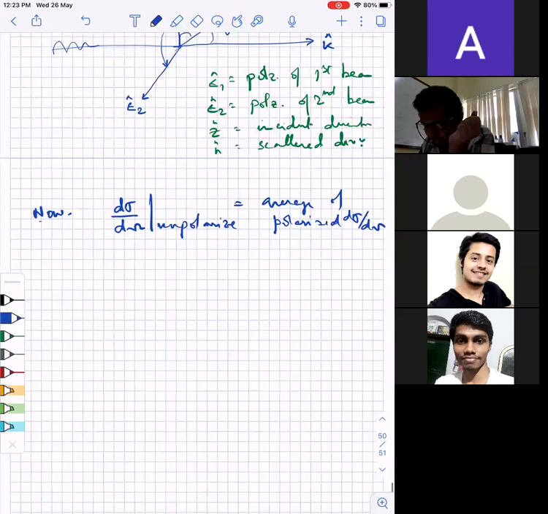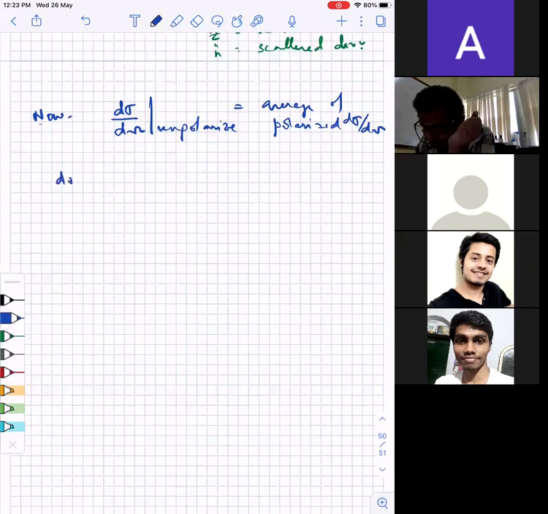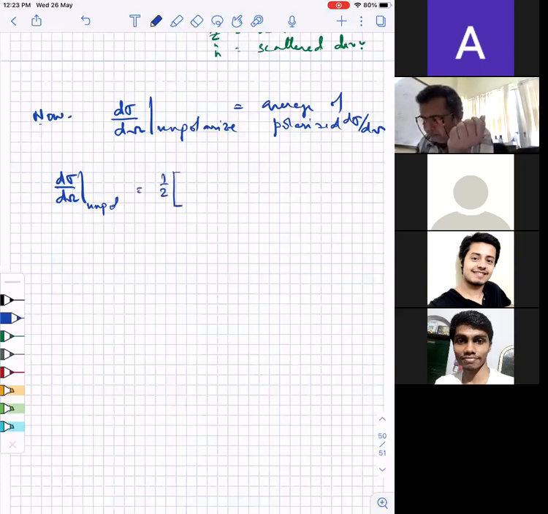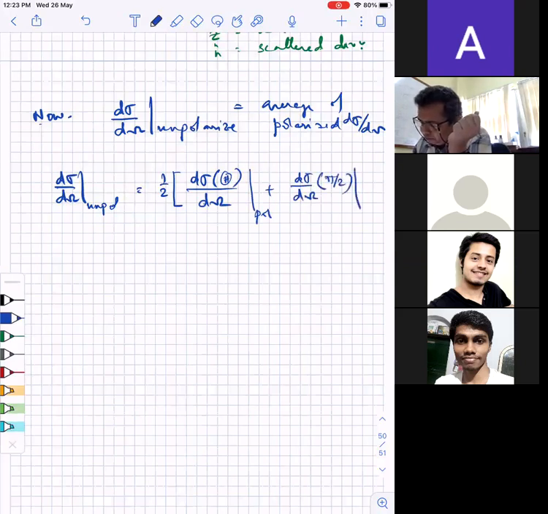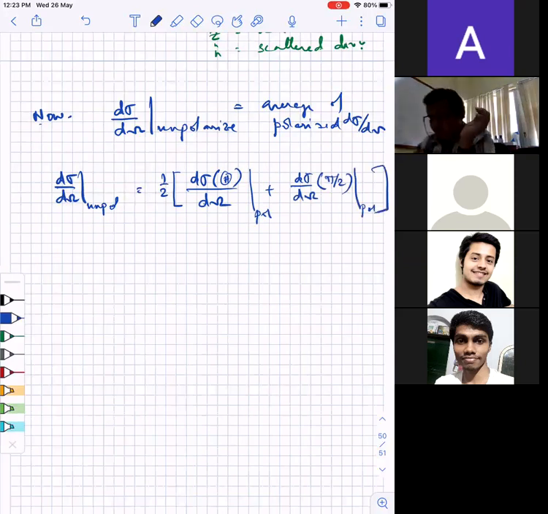It is just half, because there are only two of them. The first one is d sigma d omega with theta, polarized, plus d sigma d omega with theta equal to pi by 2, again polarized. That's it. It's as simple as this.